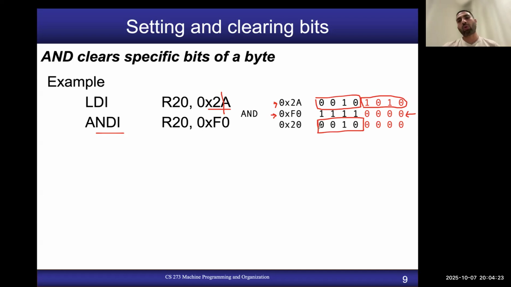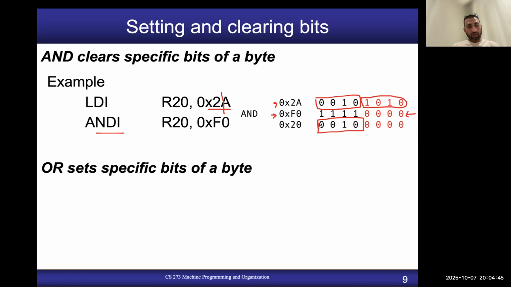So any bit which you don't want to touch, you simply set the corresponding bit position of the mask operand equal to 1, and for the bits which you want to set equal to 0, you put a value of 0 in those bit positions.